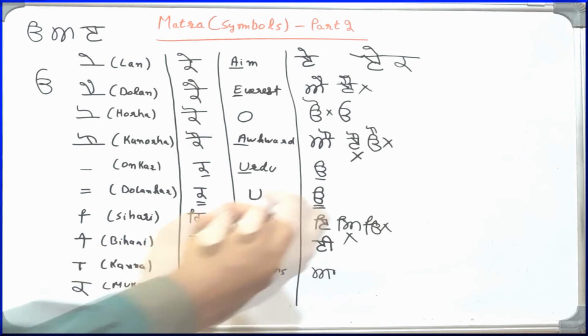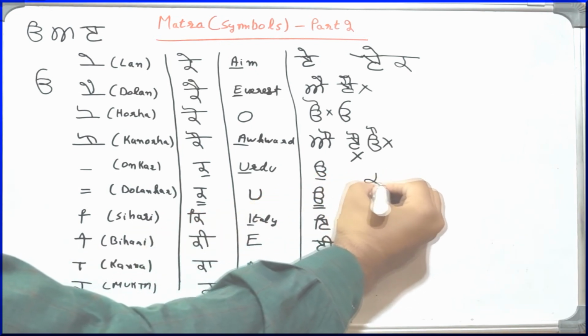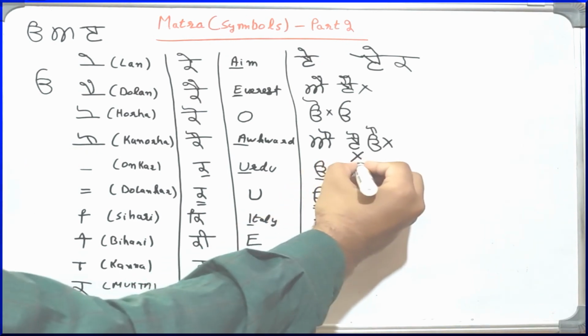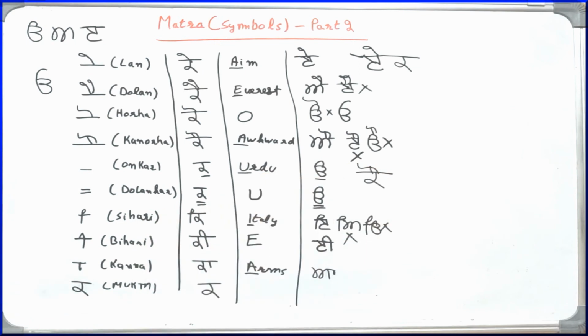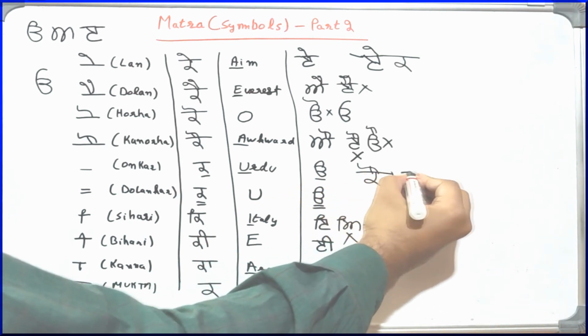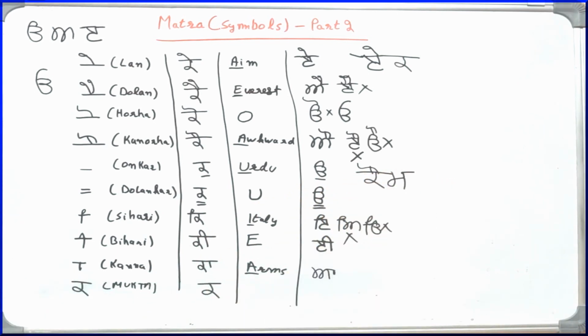I have this letter, a ka, okay? I'm going to use Kanora. What is it? Ka. Then I am going to put mama here. So it becomes calm.